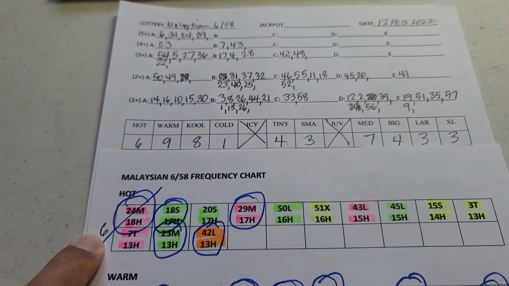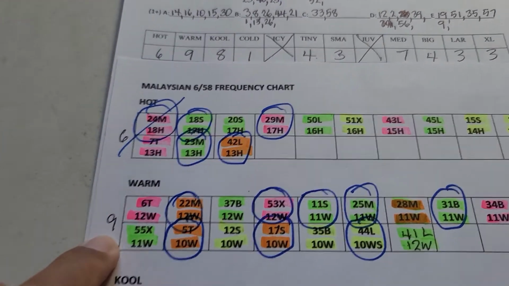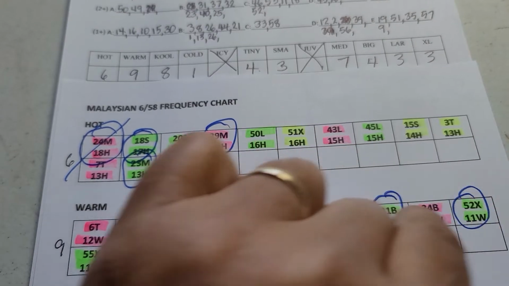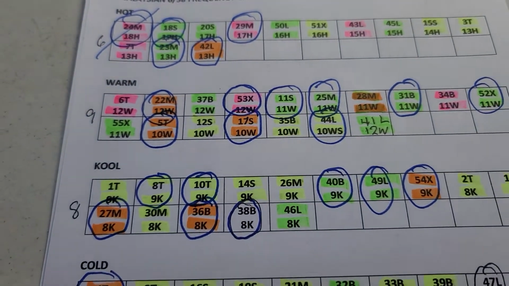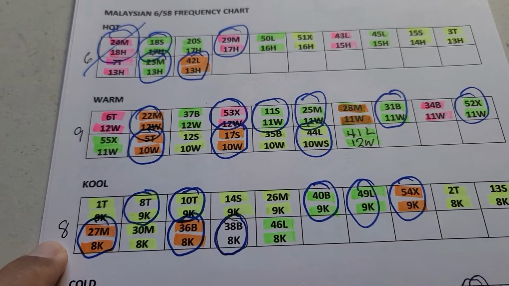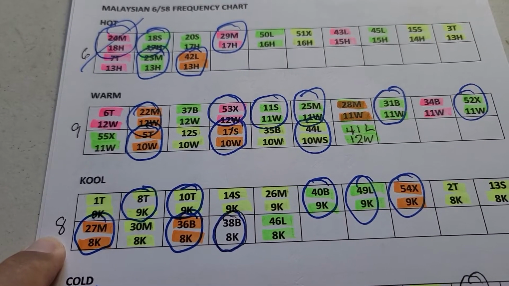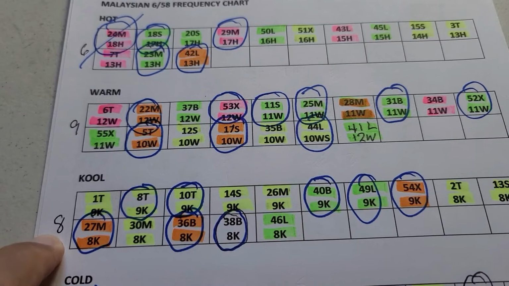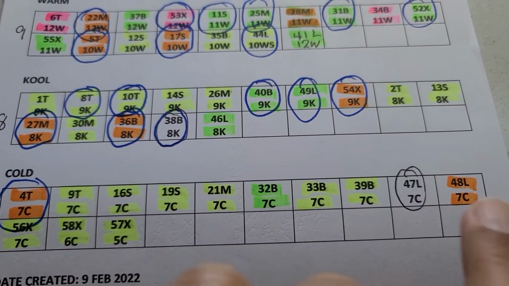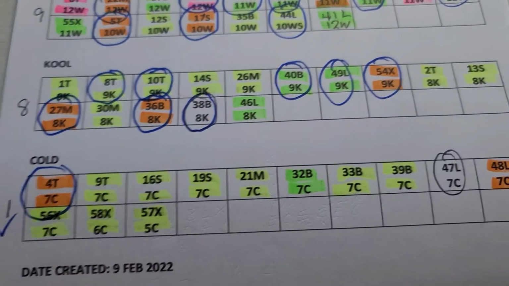And then same thing with the warm numbers. There are 9 warm numbers, so I would have to pick out 9 from here. Then for the cool numbers, there are 8 cool numbers, so I had to pick 8 numbers from here. And then the last one, there was 1 cold number, and I needed to pick 1 number from here.